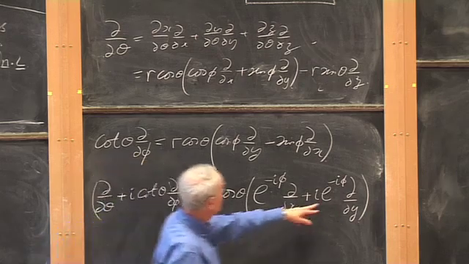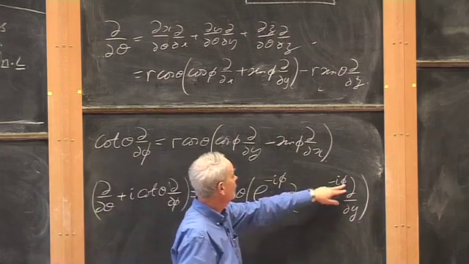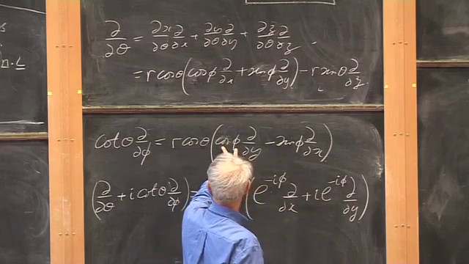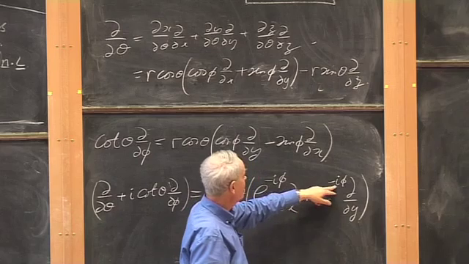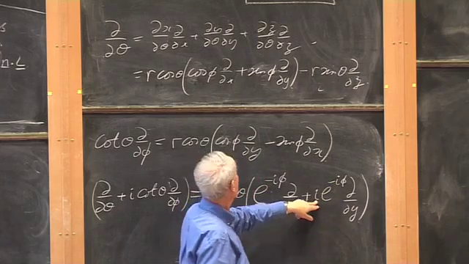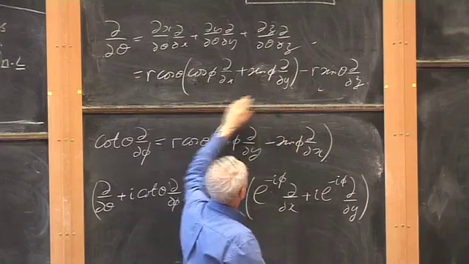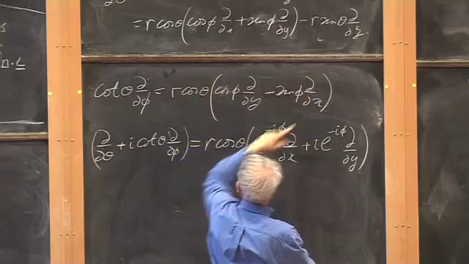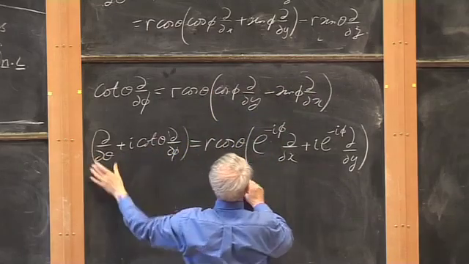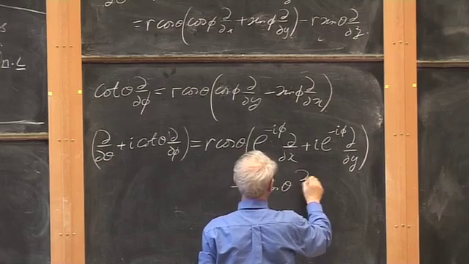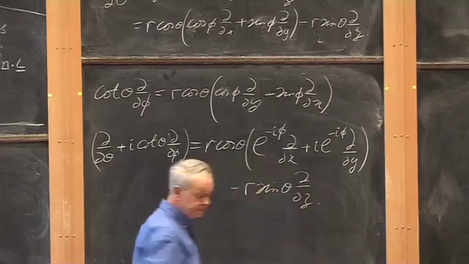If you expand this out, it's going to give you an i cos phi, which we want. That's this one here, times i. And it will contain a minus i sin phi times an i, which makes it a plus, just plain sin phi, which is what we want there. Then finally, we've got this in the back. So from here, we have minus r sin theta d by dz.